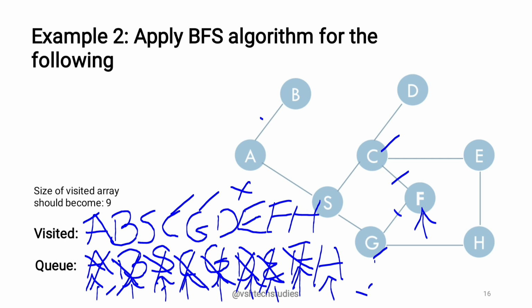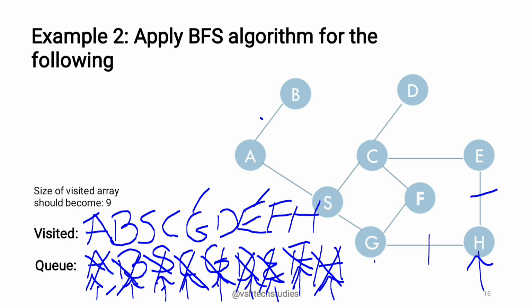The next at the front of the queue is H. Taking the H node now and considering its neighbors, it is connected to E and G. E and G are already visited, so nothing to put into the visited array and nothing to put into the queue. Now the procedure with H is over. So the front is taken out of the queue.